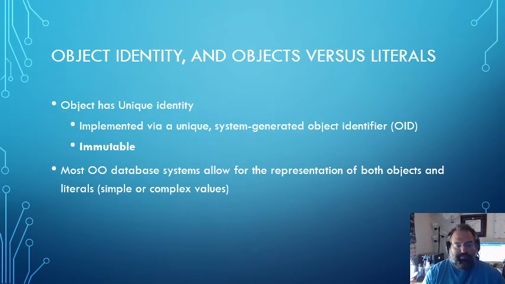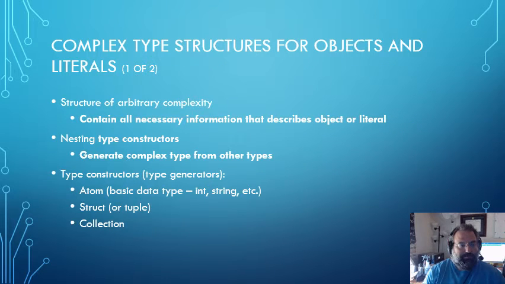Most object-oriented database systems allow for the representation of both objects and literals, simple or complex values. The complex type structures for objects and literals: the structure is of arbitrary complexity. It contains all the necessary information that describes objects or literals. Nesting type constructs generate complex types from other types, called type constructors or type generators.